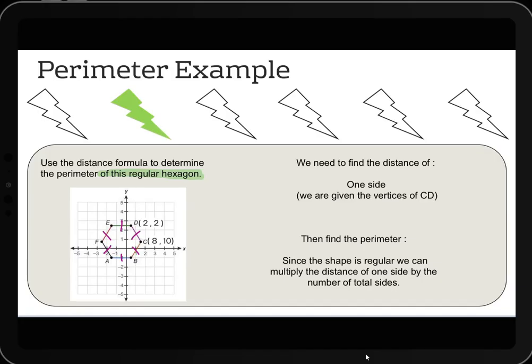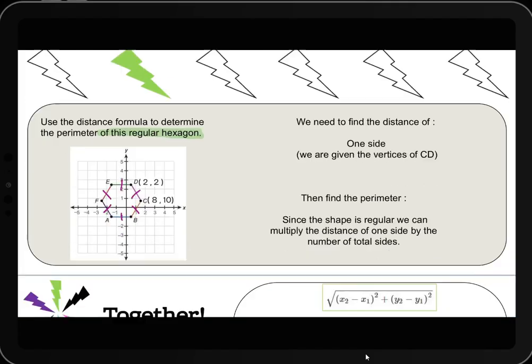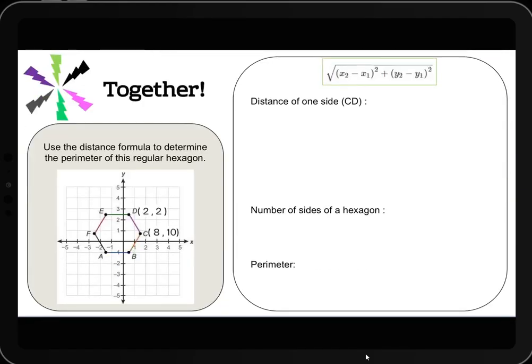And so that is going to be our strategy. We want to figure out the length of one side of this particular hexagon. So in order to do that, we can go ahead and figure out the length of CD. On the diagram, I'm going to go ahead and let this be my x1 and y1. Let this be my x2 and y2. So here, calculating that length from C to D, my x2 is 8, my x1 is 2, so I have 8 minus 2 quantity squared.